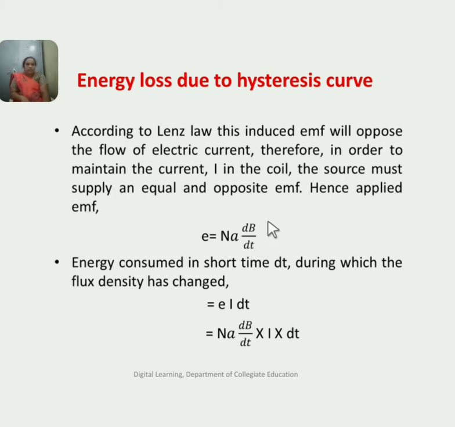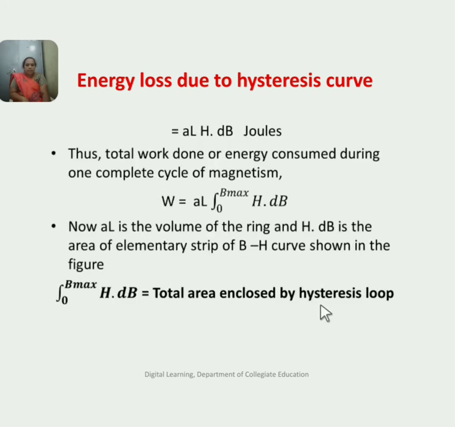The energy consumed in a short time interval dt, during which the flux density has changed, is given by E I dt. After substituting the value of EMF and the electric current flowing through the coil, we get NA dB by dt times I into dt. After some mathematical simplification, finally we get this expression.